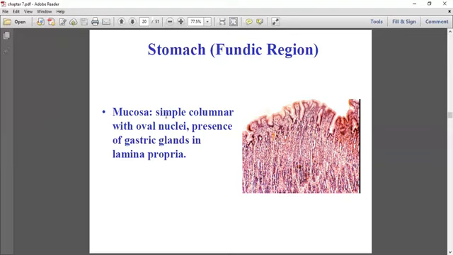The type of epithelium in mucosa is simple columnar, with presence of gastric glands. These glands are mostly impregnated in the lamina propria, and the initial part of submucosa, but mostly present within the lamina propria or corium.